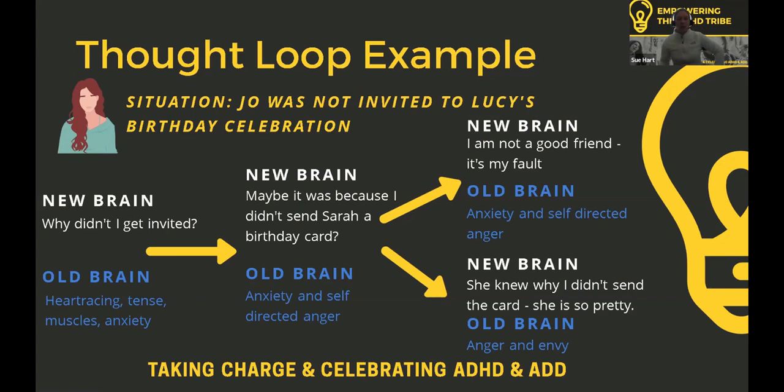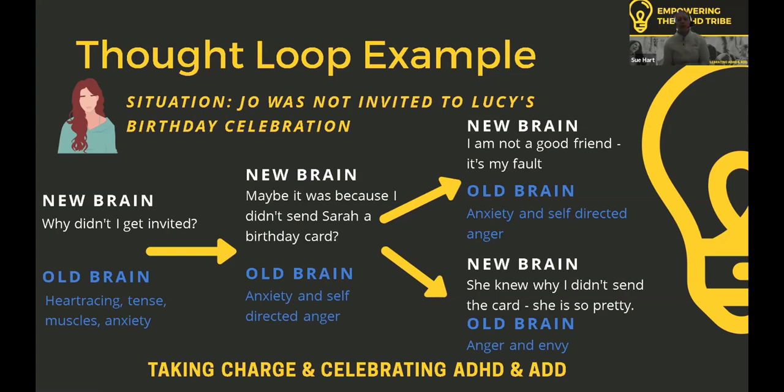So the new brain thinks, well, why didn't I get invited? And then the old brain starts: heart racing, tense muscles, anxiety. And then it goes into anger and envy. If we look at the new brain, it will ask this question curiously, why didn't I get invited? And then it will go into maybe because I didn't send so-and-so a card.